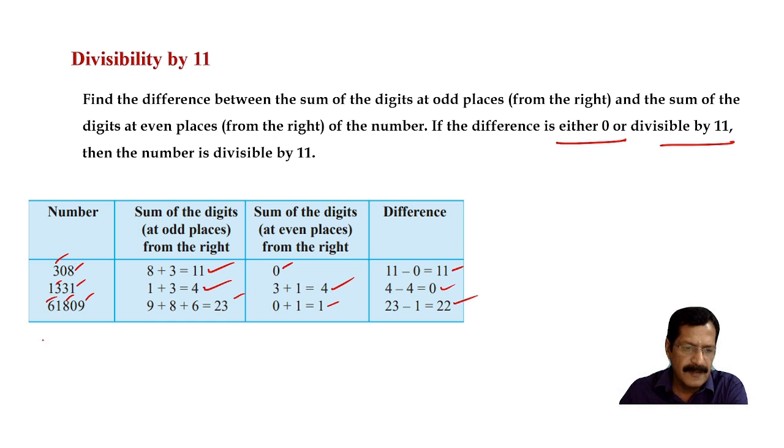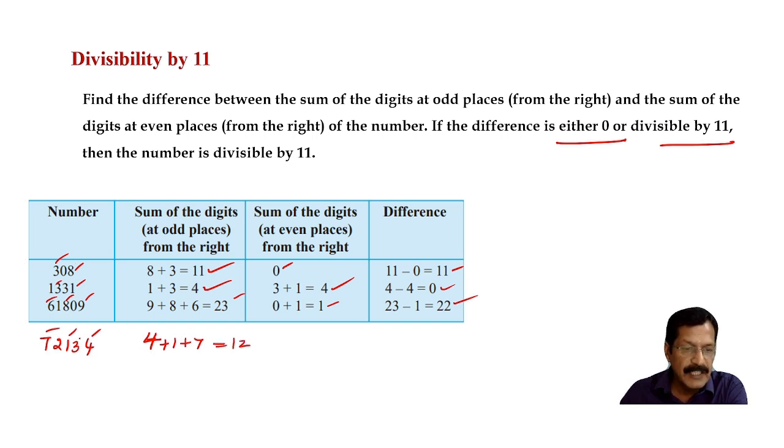Let me take another example. 7, 2, 1, 3, 4. What are the digits at odd places? 4, 1, 7. We have to take the sum first of all. 4 plus 1 plus 7. 4 plus 1 is 5, 5 plus 7 is 12. So it is 12.